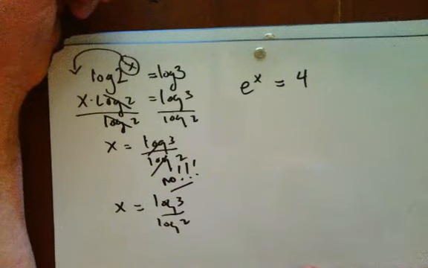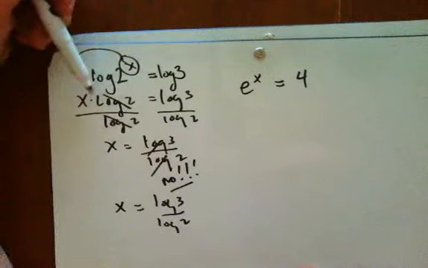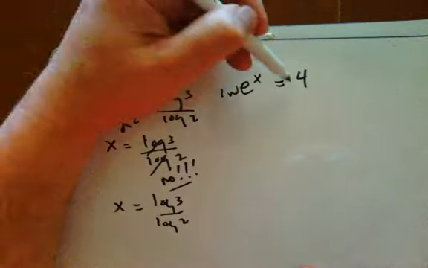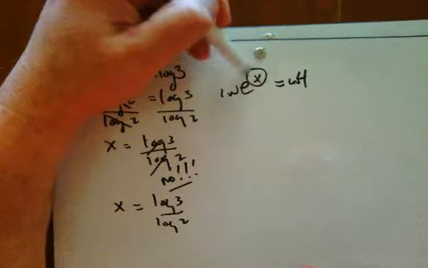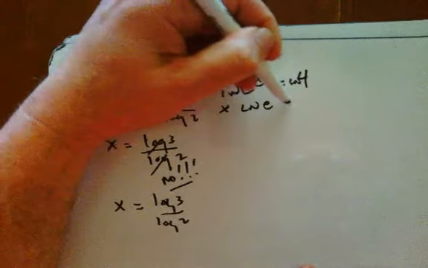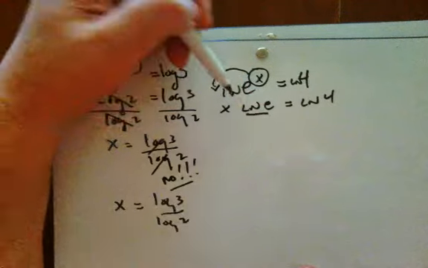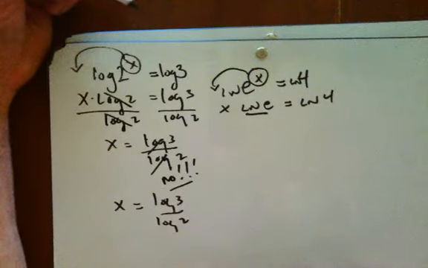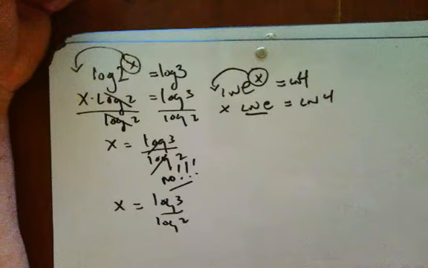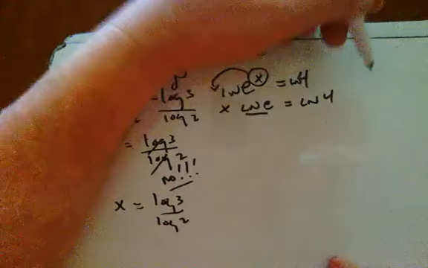How about we have e^x = 4. Again, I want to try and get that exponent down. And instead of taking the log of both sides like I did over here, I think I'm going to take the ln of both sides. When I bring this x down, I get x ln e equals ln 4. Now, what's the ln of e?